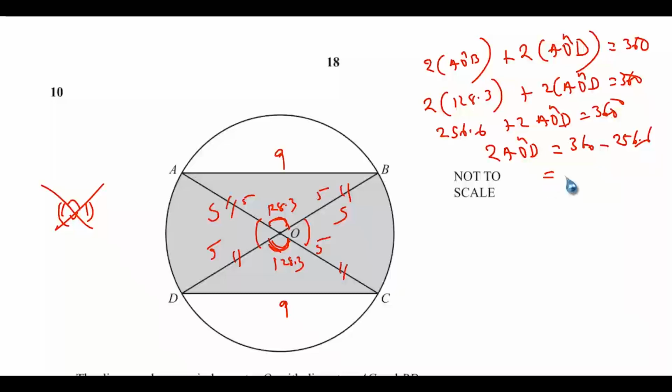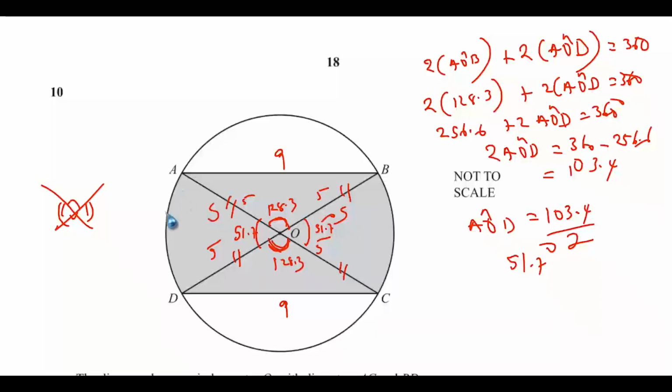So that will be equals to 103.4, and AOD will be equals to 103.4 divided by 2. So that will be 51.7 degrees. So here is 51.7 degrees. So here will also be 51.7 degrees as well.